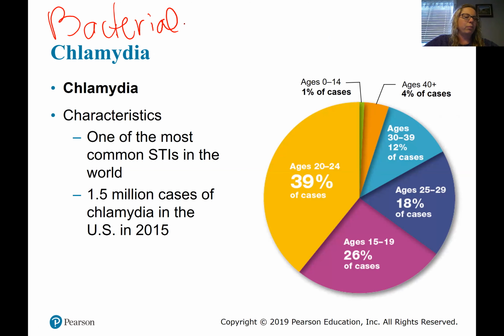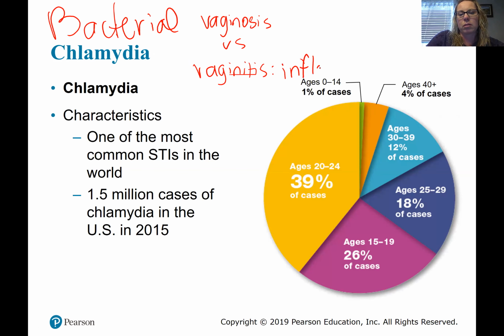And I wanted to point out, there's a couple terms here that I don't have on the slide, but your book points out, is vaginosis versus vaginitis. Okay, I wanted to point those out. Itis is vaginal inflammation. Okay, and that could be due to disease. It could be due to latex.